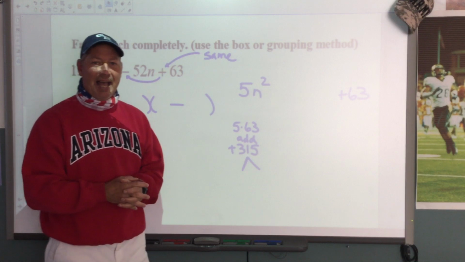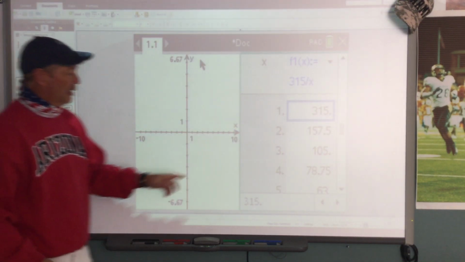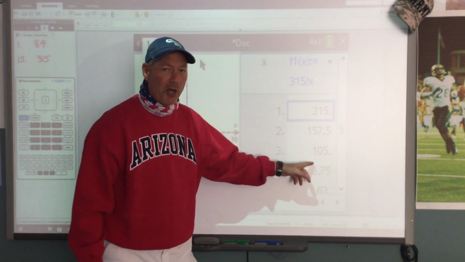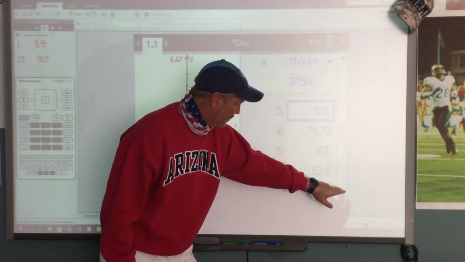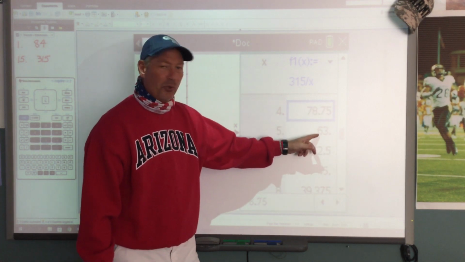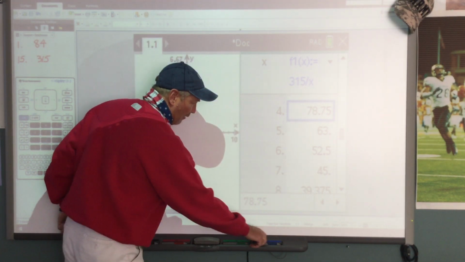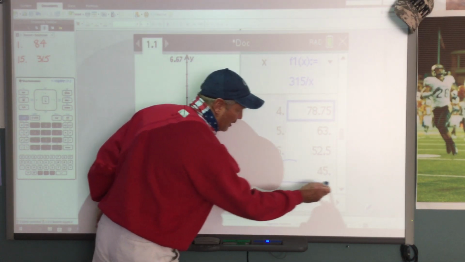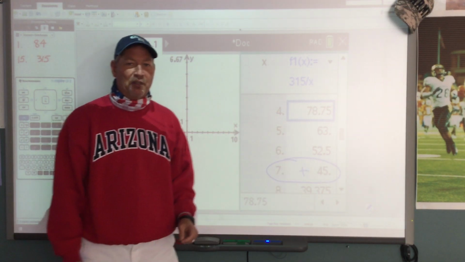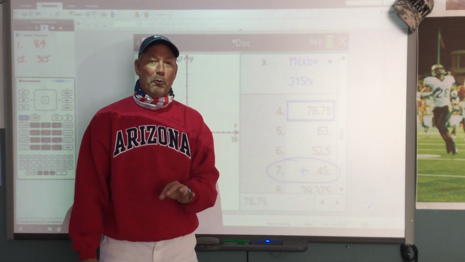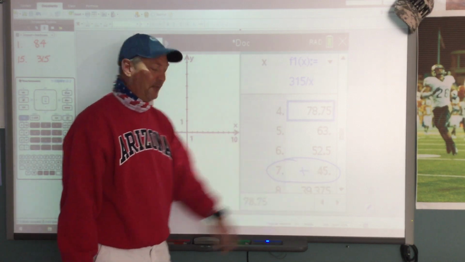So back in the calculator, 3 and 105 does not add up to 52, so I'll keep scrolling down. 5 and 63, now that adds up to 68. 7 and 45, look at this combination right here. 7 plus 45 adds up to 52. That's the combination we were hoping for.